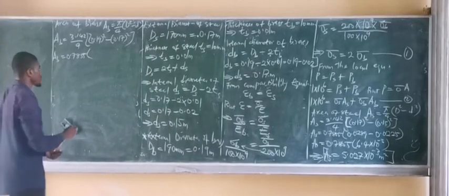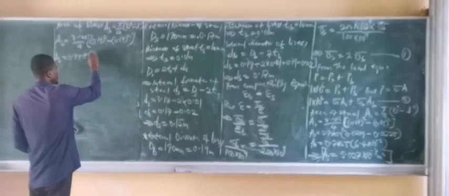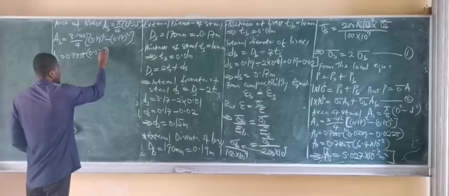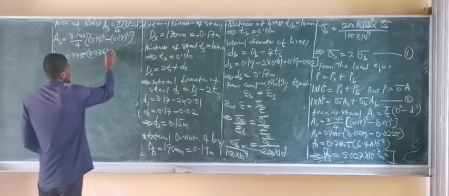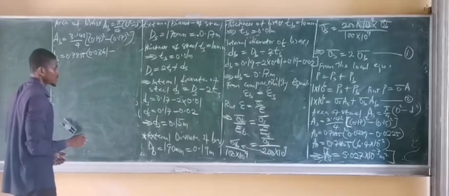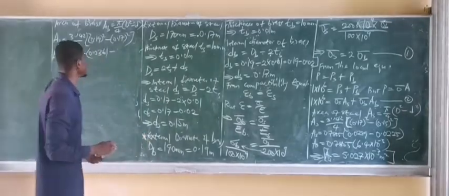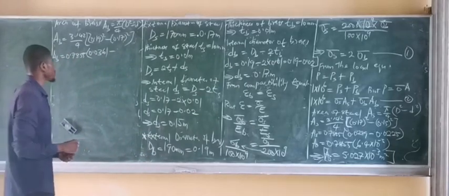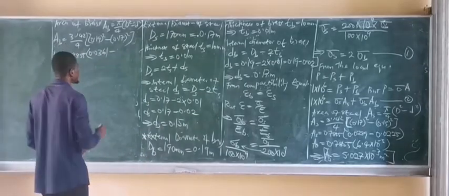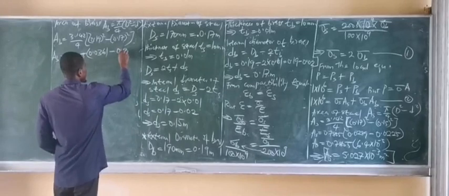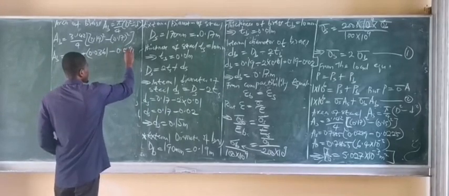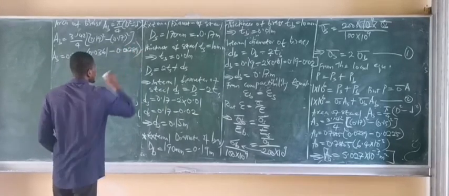0.19 squared is 0.0361, minus 0.17 squared, which is 0.0289.